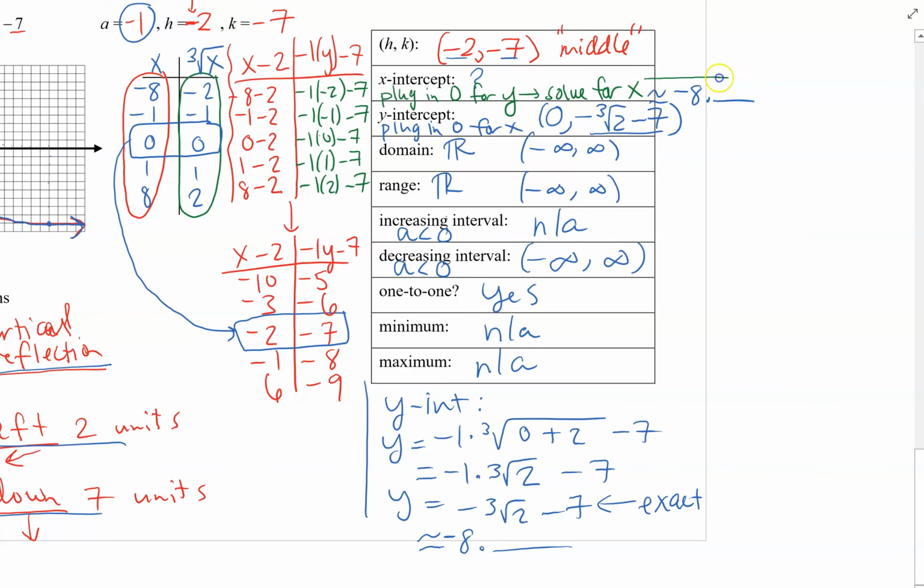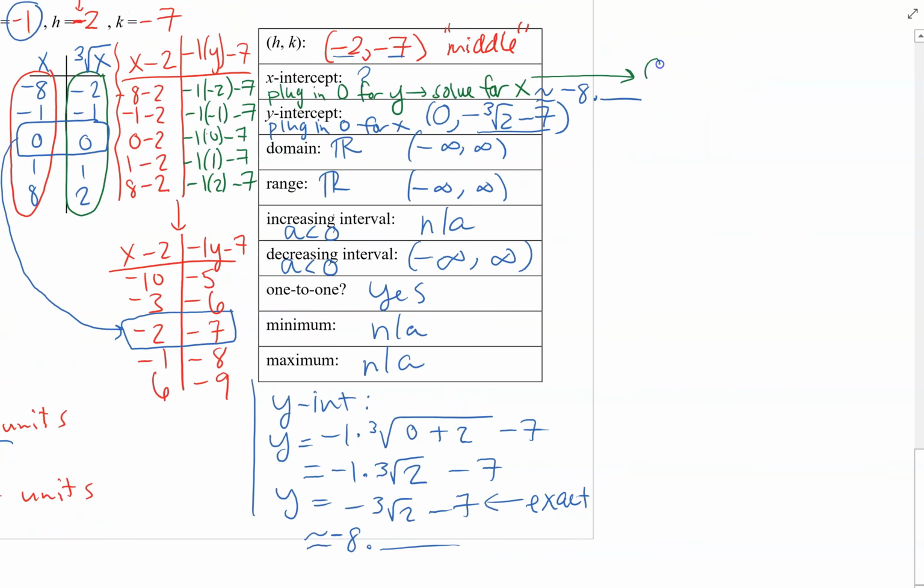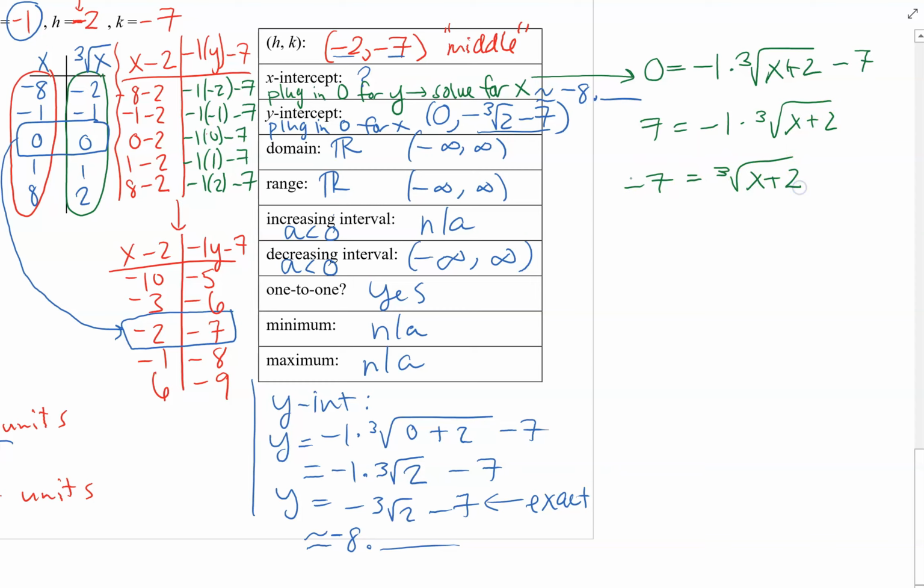So I would have negative 1 times the cube root of x plus 2 minus 7. I would then add the 7 to the other side. I would divide both sides by -1. I would raise both sides to the third power and then subtract 2 from both sides.